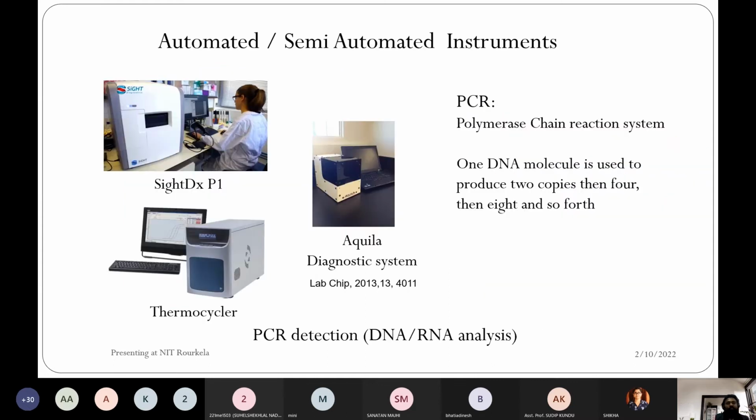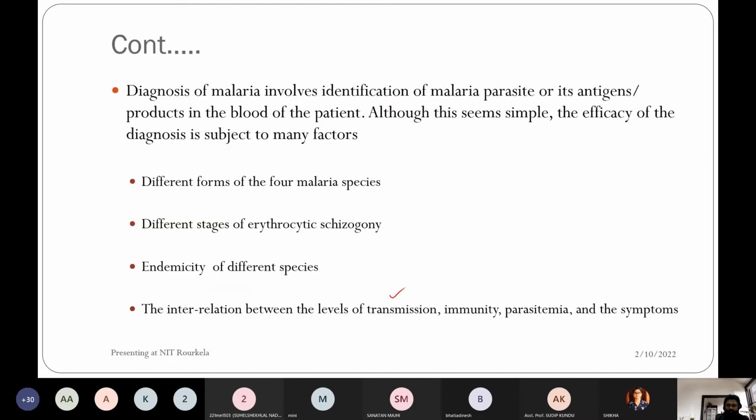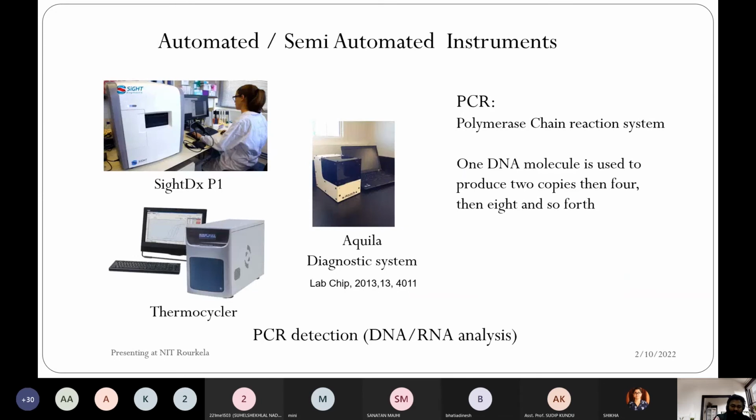Some other instruments can also be used for the diagnosis of malaria, based on its antigens and products, such as PCR, polymerase chain reaction, where you have one molecule and it is multiplied through multiple cycles to get the information. PCR for malaria diagnosis is prone to contamination.